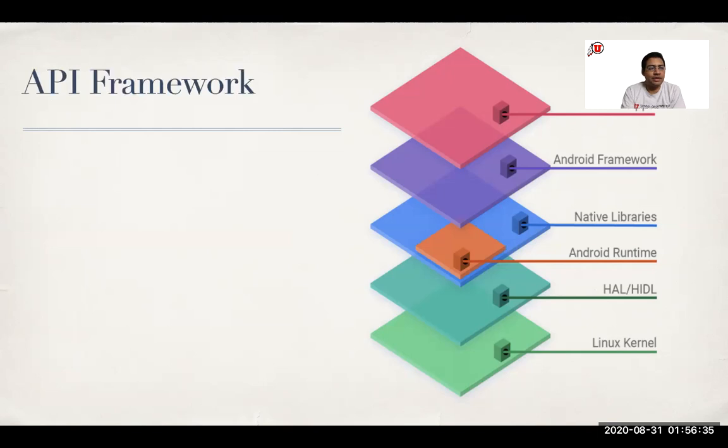Moving on to the next layer, we have the API framework, also called Android framework sometimes. And this is the layer which exposes the APIs that are going to be used by the layer above that, which is basically the apps layer.